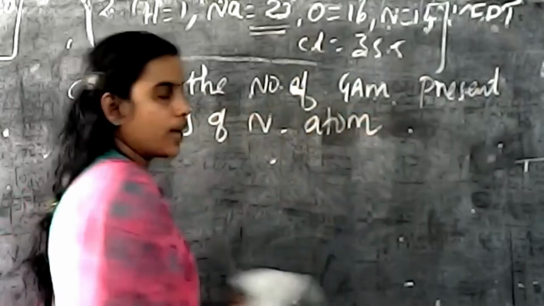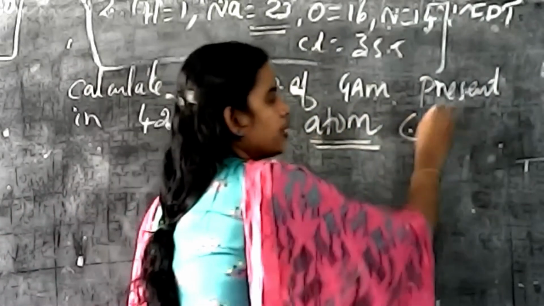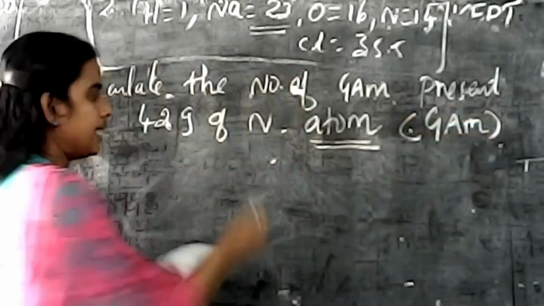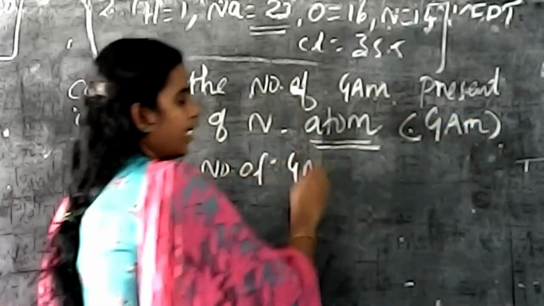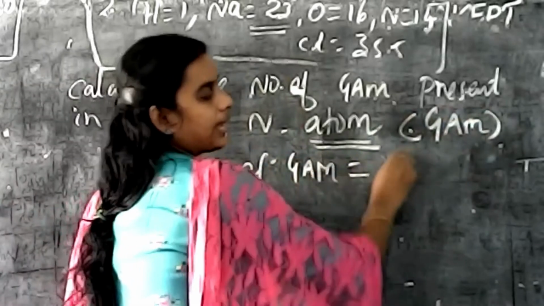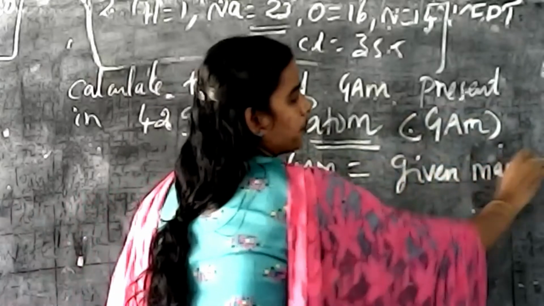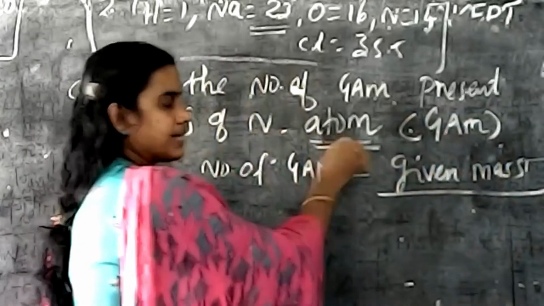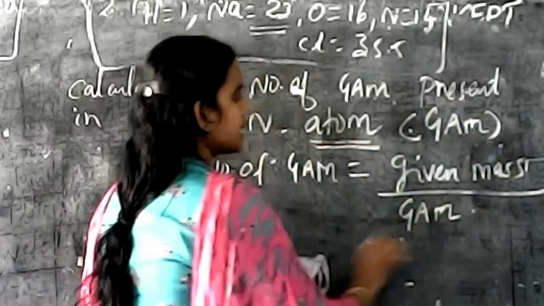Here they represent atoms, so we can use GAM. What is the formula here? Number of GAM equals given mass by atomic mass. Here nitrogen represents an atom, so we have to use GAM. What is the given mass here?